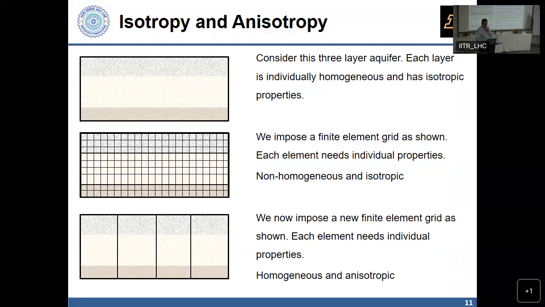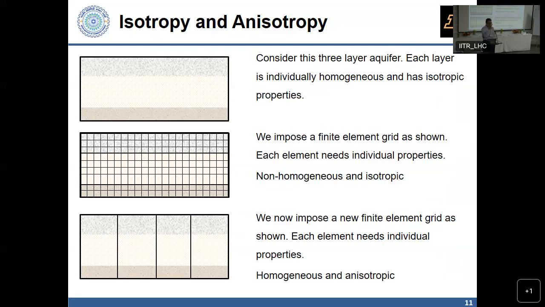So when I go from element to element now, it's anisotropic, because K sub X that I have to assign to this element versus K sub Z are going to be different. K sub X is going to be more than K sub Z. But as I go from one element to the other, K sub X values are the same. K sub Z values are also the same. So I think of this aquifer now as homogeneous but anisotropic.